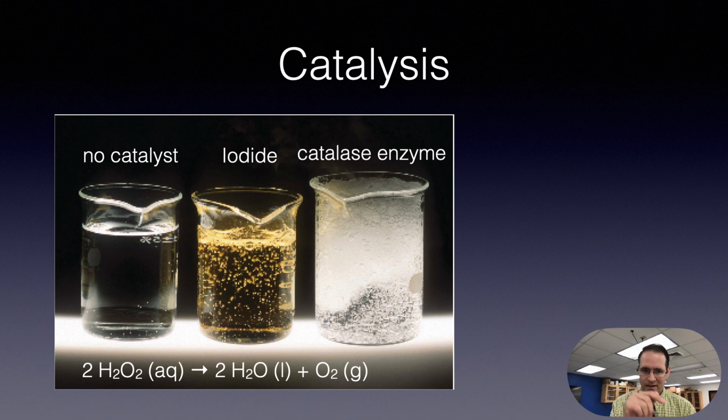If you look very closely, you might see some bubbles adhering to the sides of that beaker. If you add iodide, it catalyzes the decomposition of this chemical reaction to produce bubbles. And the key point here is that a catalyst is not involved in the overall balanced chemical equation, but it does something in there. It reacts and produces this, and then it comes off again, and it can do the job again and again and again.